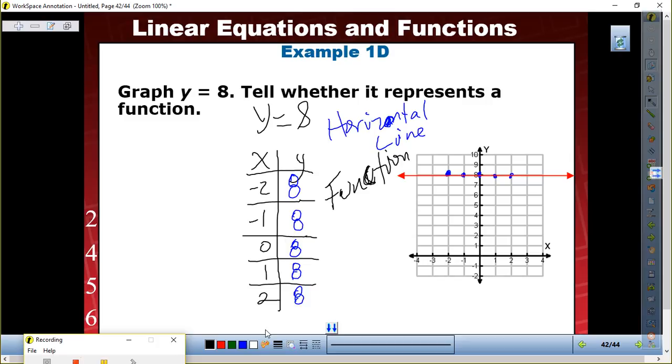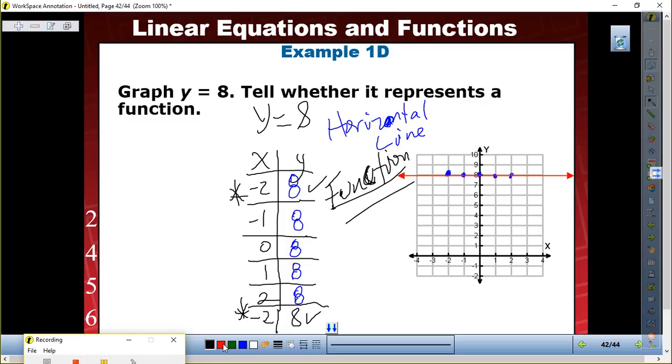So let me ask you this, Julian. If I was to substitute again the -2, what is y? Is it different? That's how you can check. If the x repeats and it has a different output, then it's not a function. But here it's the same, therefore it is a function.